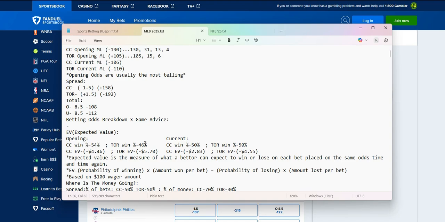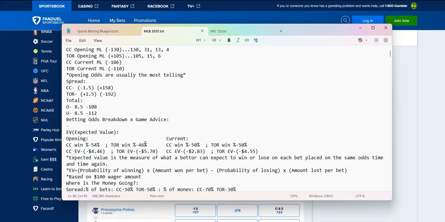Currently, based off the minus 106, minus 110, basically 50-50 odds to win, minus $2.83 expected value going with the Cubs. Blue Jays expected value is at minus $4.55 expected value.